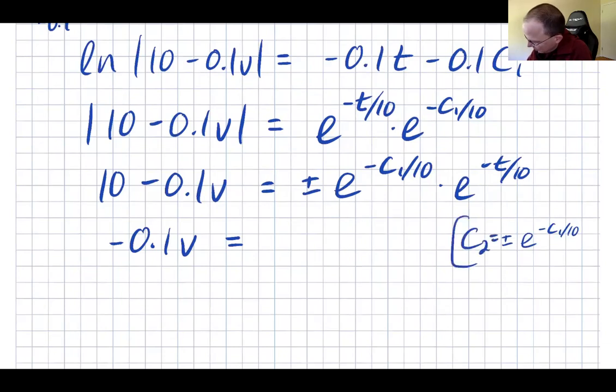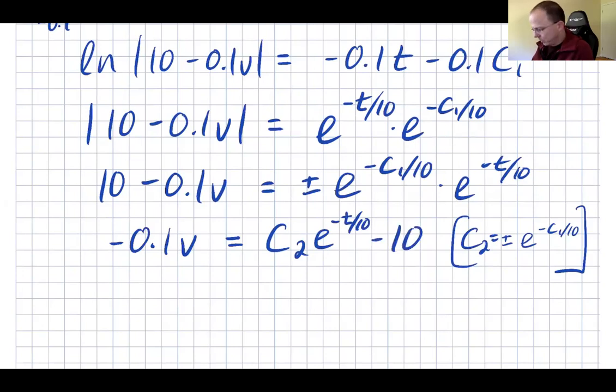So I'll just make a note of that there. So C2 e to the negative t over 10. Oh yeah, and I'm subtracting 10 from both sides. Okay, there we go.